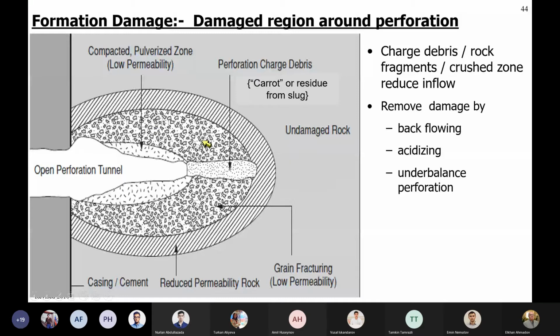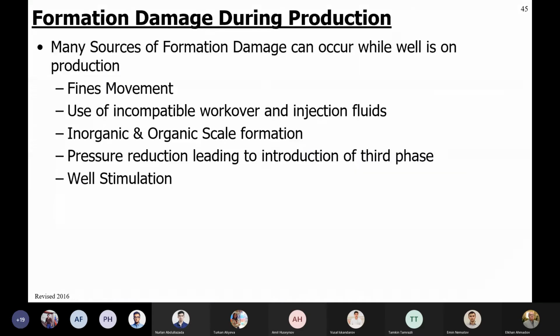The formation damage during production is caused first by fines movement, because as we produce, we change the stress in the reservoir, we change the pore pressures.